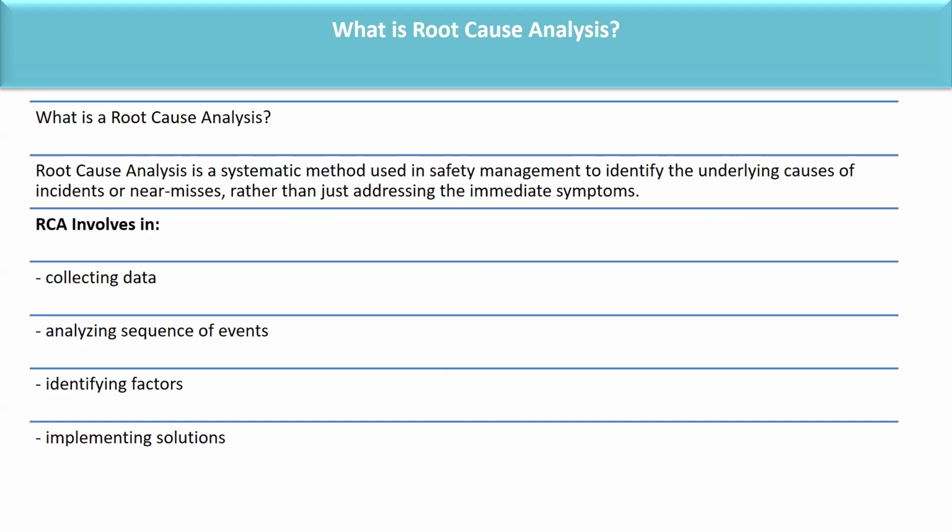What is root cause analysis? Root cause analysis is a systematic method used in safety management to identify the underlying causes of incidents or near misses, rather than just addressing the immediate symptoms.